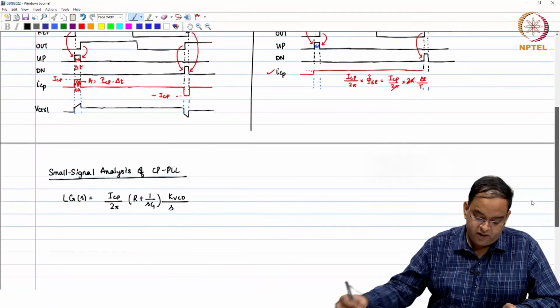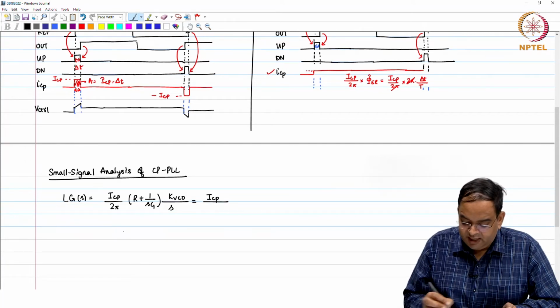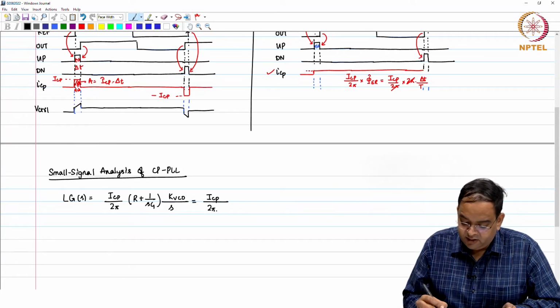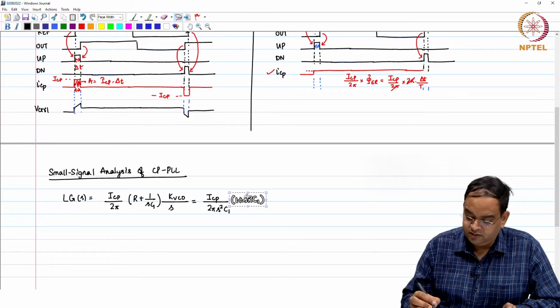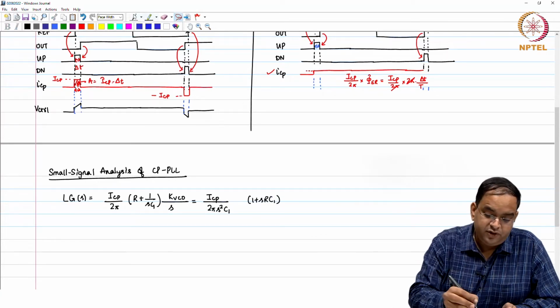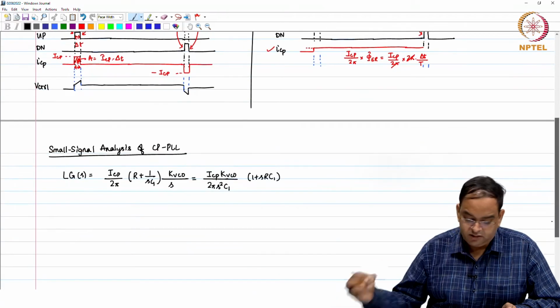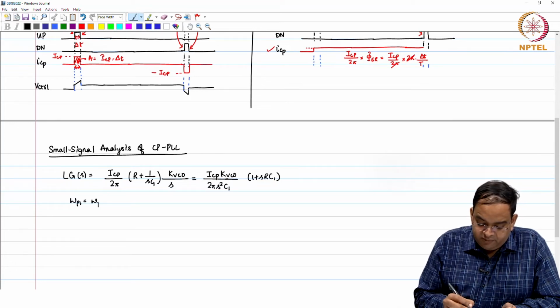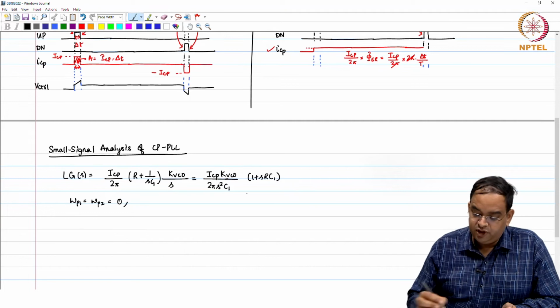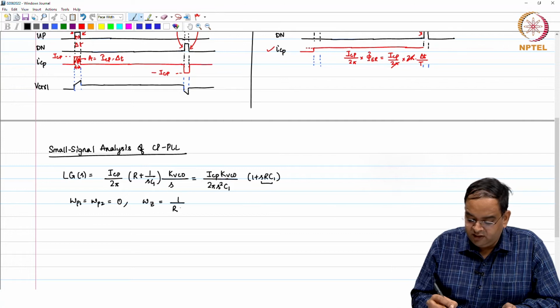Okay. So, you can write it simply as ICP by 2 pi times (1 plus S R C1) over S squared C1, and KVCO comes here. Okay. So, this is our loop gain. There are two poles, omega P1 and omega P2, at 0, and the 0 for this transfer function is at 1 over R C1.